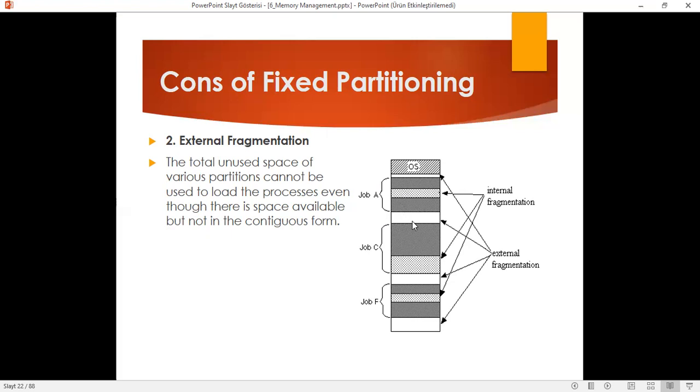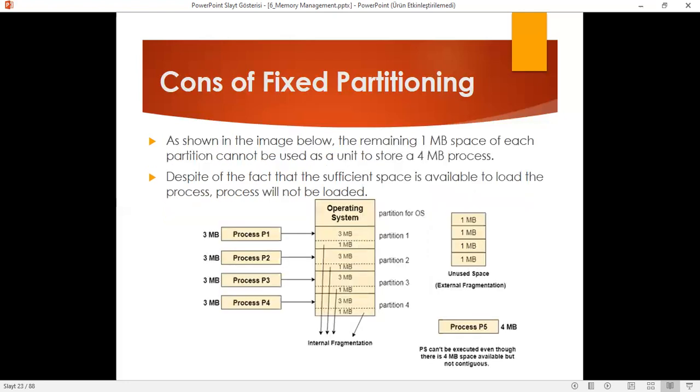It can be, for example, a partition like this where no job is executing, but it is still empty. All of them show my total size of external fragmentation. So internal fragmentation is inside the partition. External fragmentation, whole memory. That is the difference.